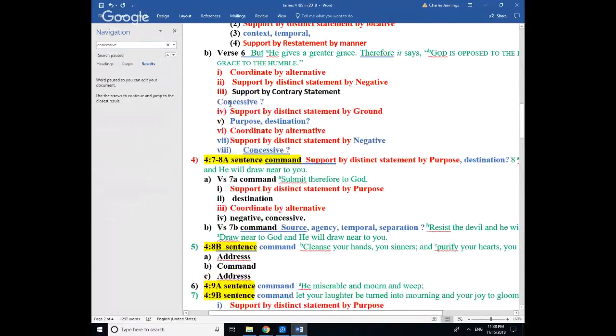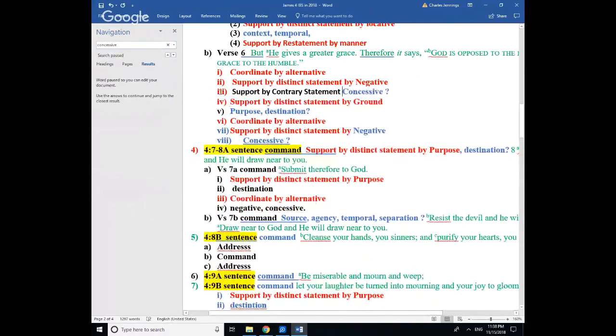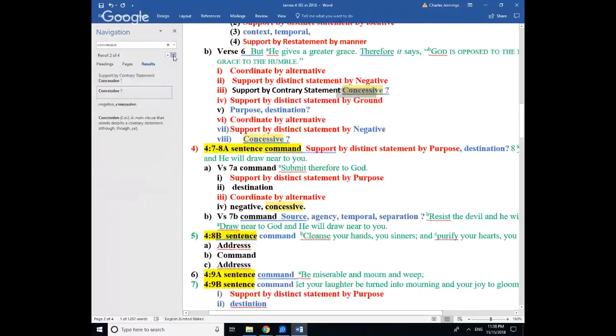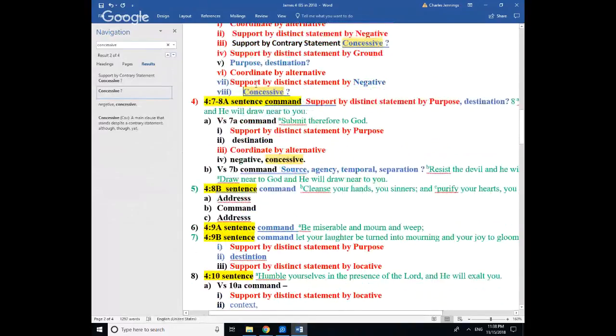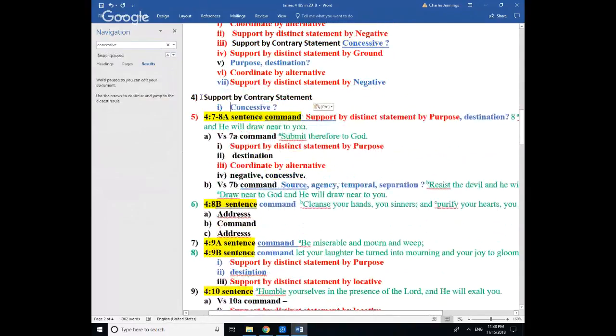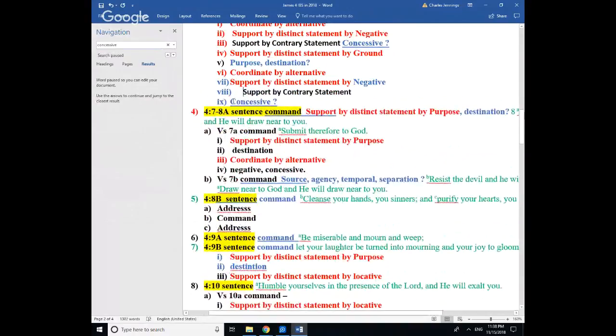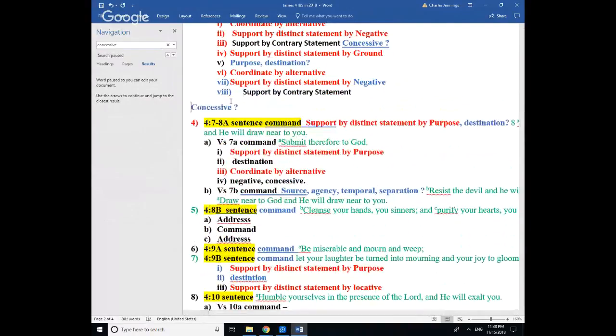Becomes bigger and bigger, or more and more. Yeah. It'll become clearer in a minute.